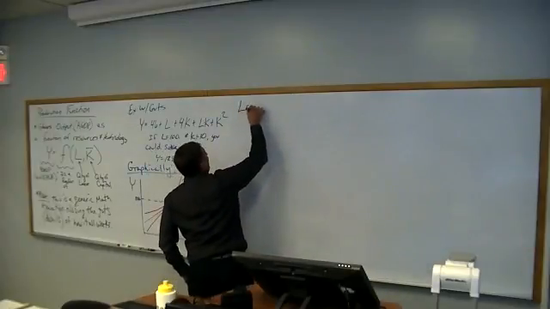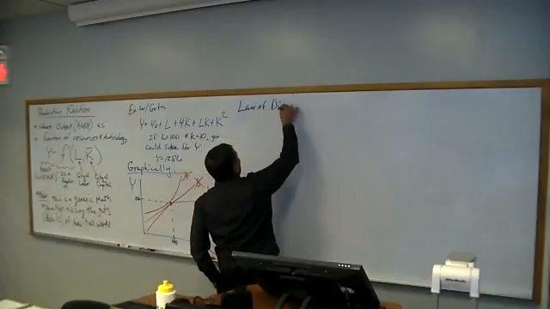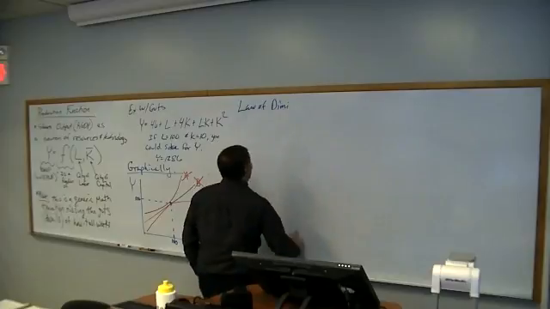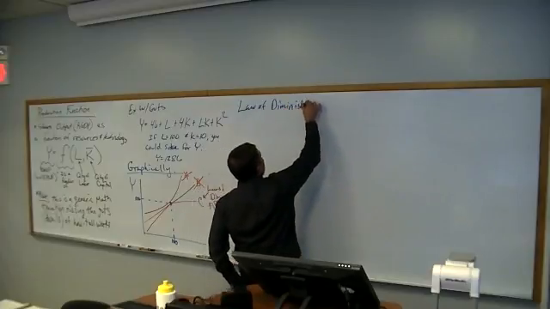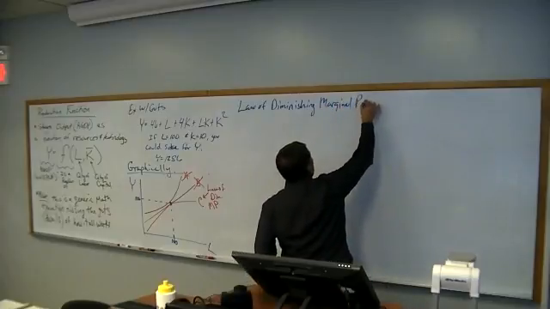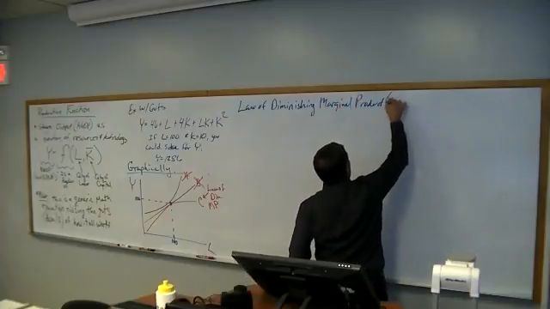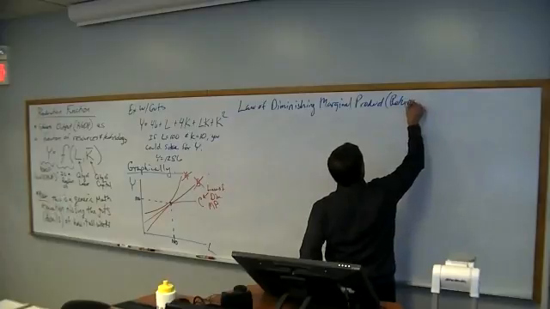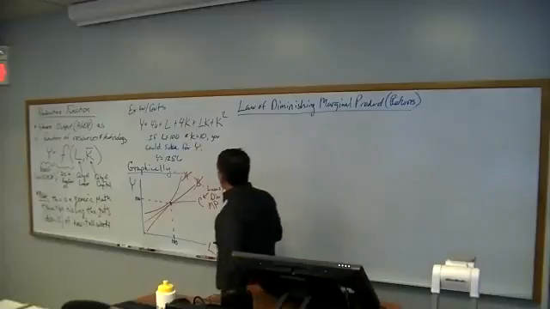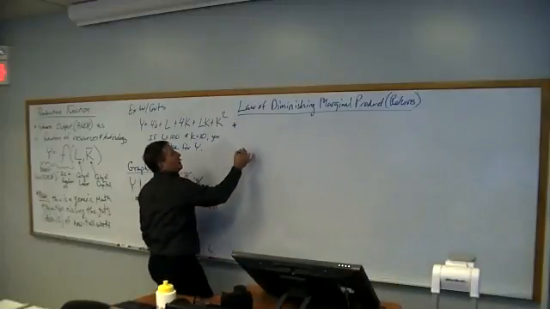Law of diminishing marginal product, which also is called the law of diminishing returns. Okay, here we go.